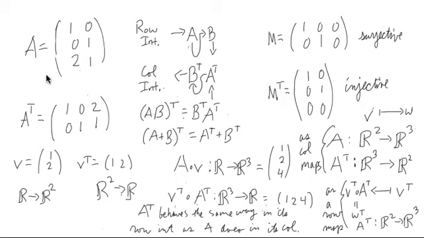Now, what does it mean? What is its usefulness? Let's look at the matrix A and consider it under a column interpretation when we multiply. Let's just remind ourselves what this is. The domain is R2 and the codomain is R3.